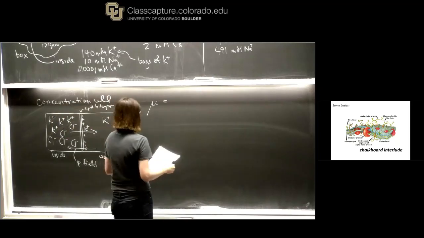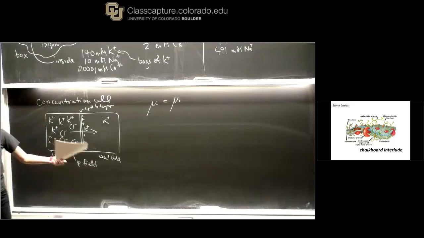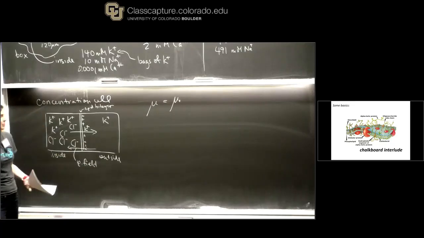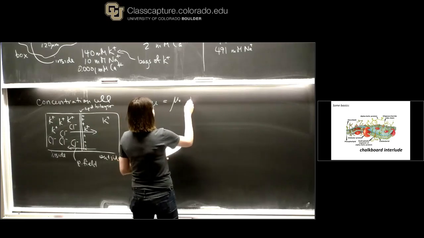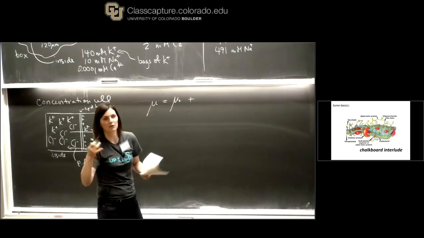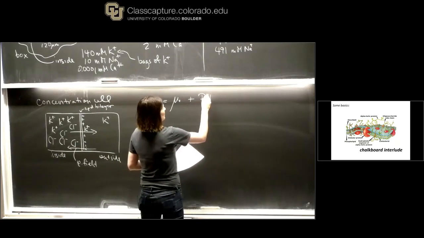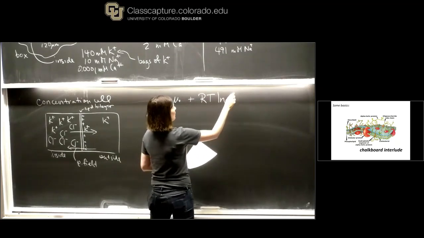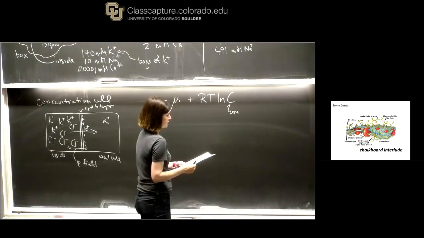What's our chemical potential? Well, we've got some constant that depends on the stuff that we're in. That's going to be the same inside and outside, so we're going to forget about it. Then we've got something that depends on the concentration. So we've got the gas constant, we've got temperature, we've got the natural log of the concentration of our ionic species.